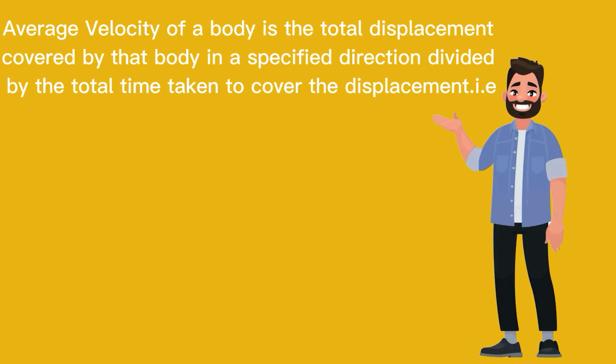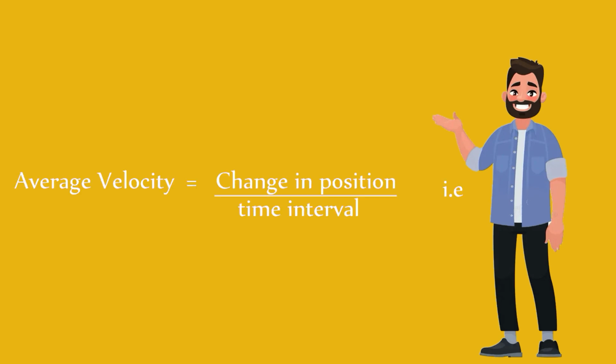The average velocity of a body is the total displacement covered by that body in a specified direction divided by the total time taken to cover the displacement. Students, here we have two approaches that we can use to describe the average velocity of a body. The first one is average velocity is equal to the change in position divided by the change in time interval.